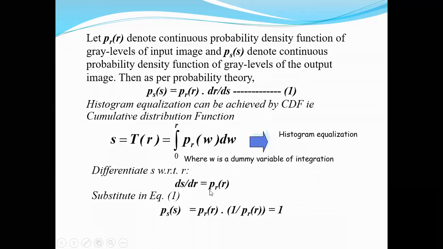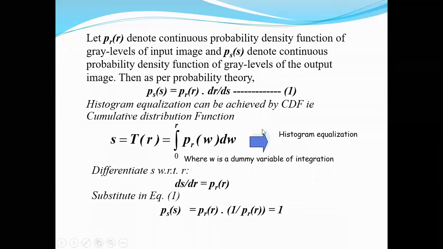And what is the meaning of P_S(S) equal to 1? It is nothing but a uniform distribution. So P_S(S) represents an equalized histogram. This proves that this cumulative distribution function is useful to equalize the histogram of the given image.